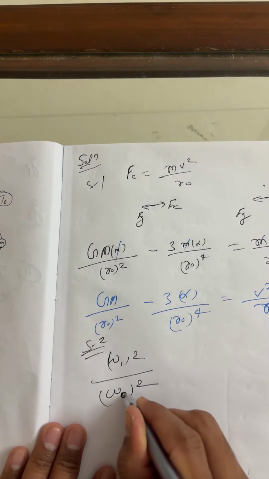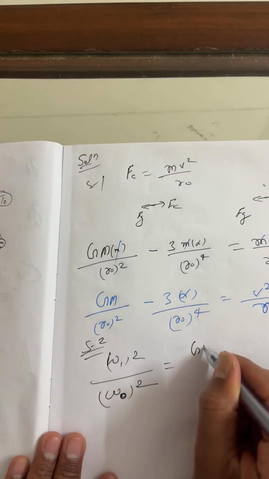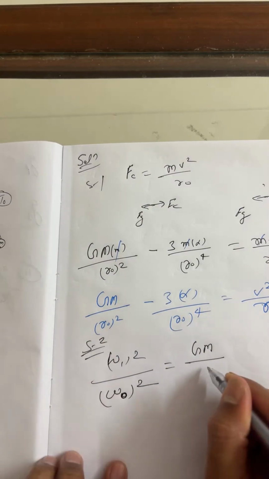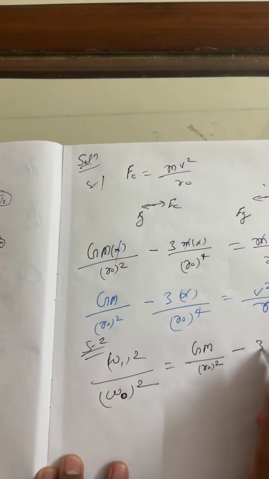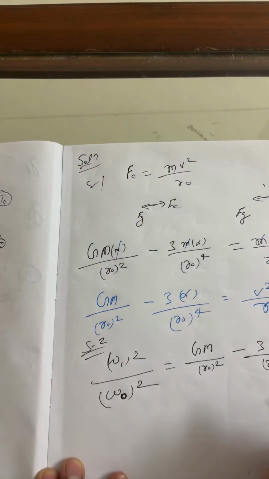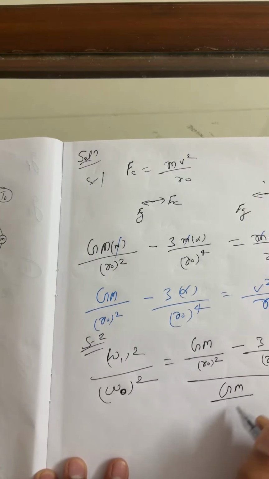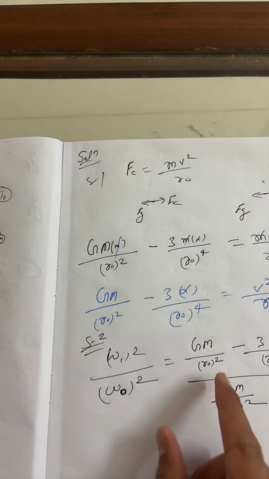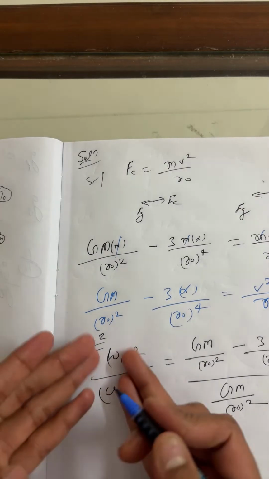For the particle revolving on a circular path, initially omega squared is Gm upon R naught square minus thrice of alpha upon R naught to the power 4, over Gm upon R naught whole square. Now R naught square cancels everywhere.